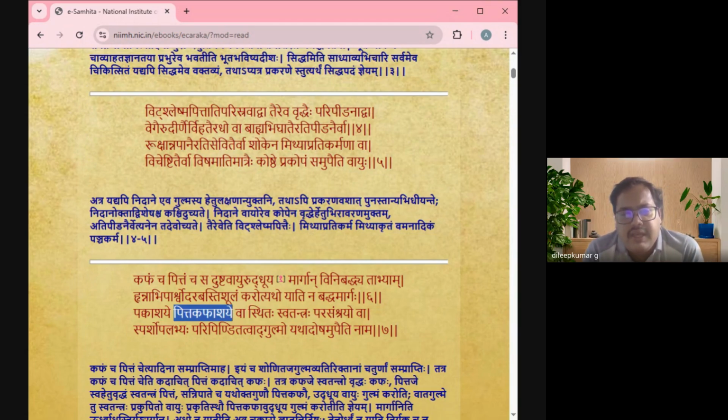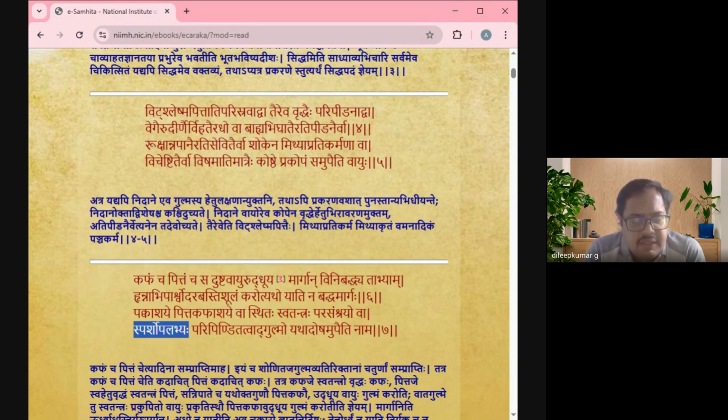In all these areas, sthitaha, swatantraha, parasamshrayo va, sparshopalabhya. So it is a palpable swelling. It may transform into congestion, expansion, spasm, a benign hard tumor, or abnormal, palpable, visible peristaltic movements.